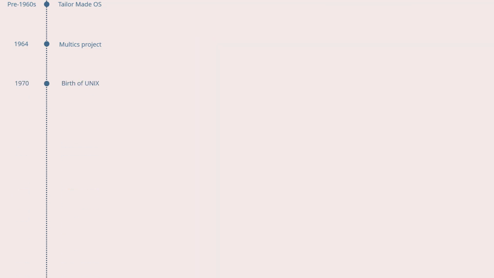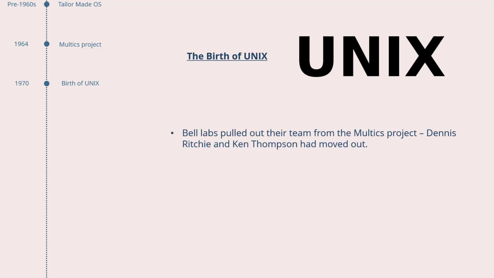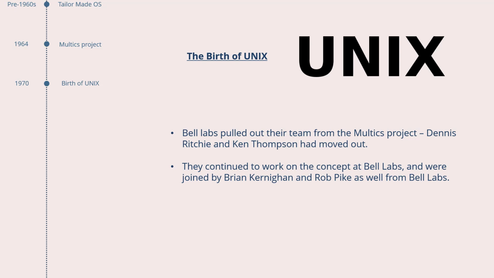Let's move ahead to 1970. In 1970, before Multics project was fully realized, Bell Labs pulled out. So Dennis Ritchie and Ken Thompson had moved out of Multics. But they continued to work on the concept while at Bell Labs and were joined in by Kernighan and Rob Pike as well from Bell Labs.